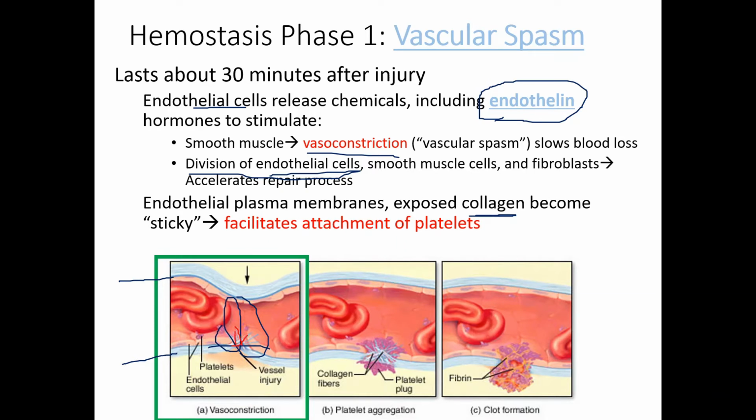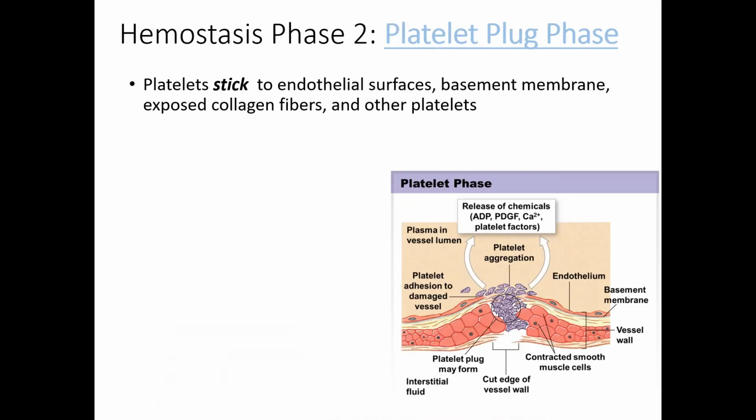The collagen fibers start sticking into the lumen of the blood vessel, and as we talked about earlier in this PowerPoint, platelets will automatically stick to stuff unless their environment is perfectly smooth. And so this exposed collagen is automatically going to attract the platelets.